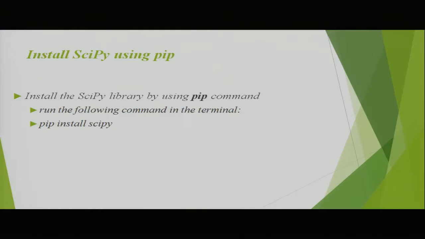Then, coming to the last thing, you install SciPy using this pip. From the command prompt, you simply say pip install scipy, and that's where SciPy is installed once and for all.